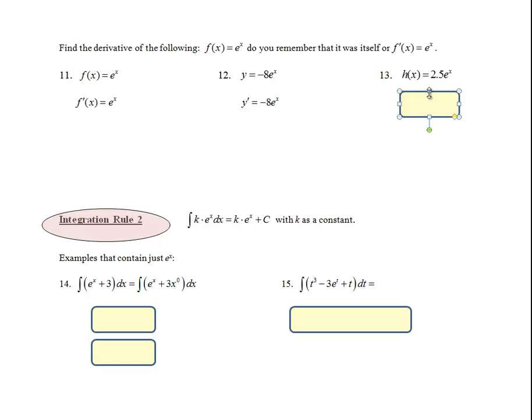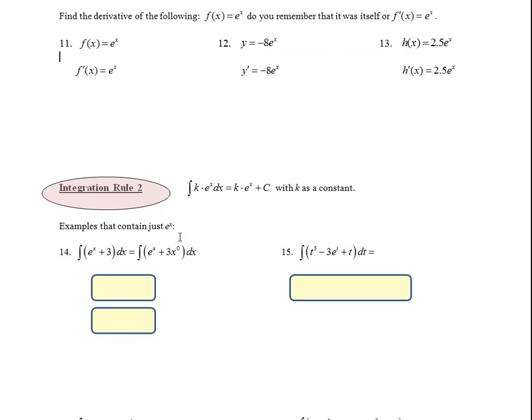This one, I think you see a pattern, h prime of x equals 2.5 e to the x. So now I need you to check this, and with respect to going in reverse, which is what integration is, this isn't bad. If I see e to the x, then it's going to go back to the exact same thing, whether there is a constant involved or a coefficient of 1.